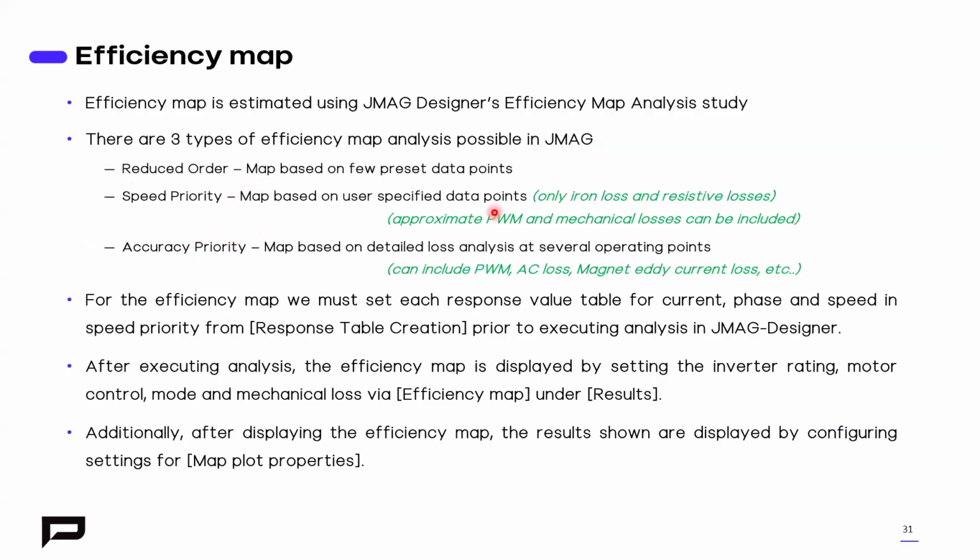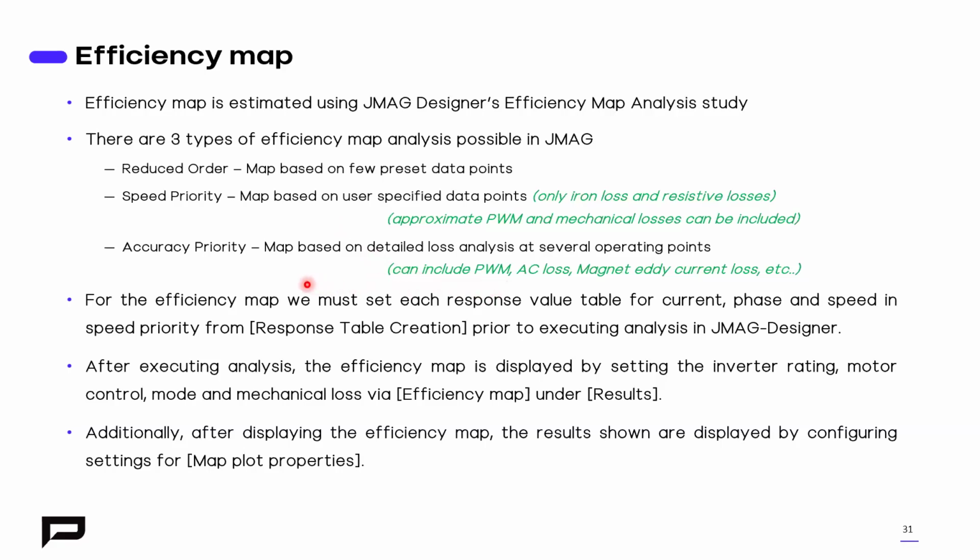It can include losses like iron losses, resistive losses, PWM and mechanical losses, some of the losses like joule losses. The accuracy priority model is about detailed loss analysis at all the operating points. It can include all the losses like PWM, AC loss, magnetic eddy current loss, etc.